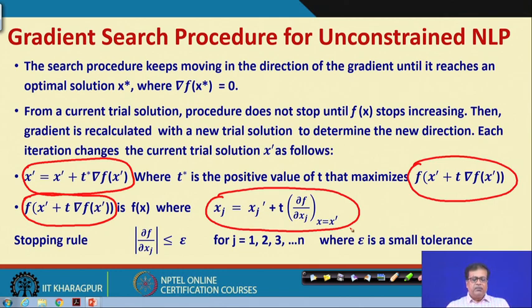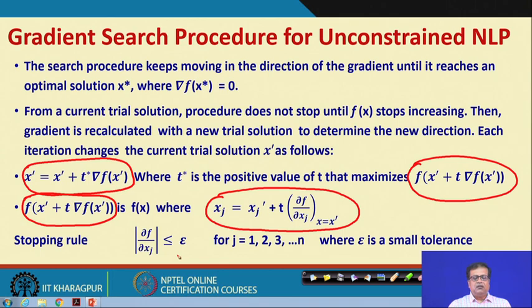And where do you stop? When the gradient for each individual x_j is less than or equal to epsilon, where epsilon is a small tolerance. So, it is a standard gradient search procedure.